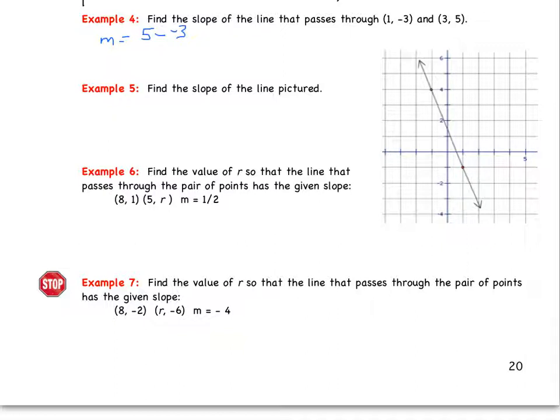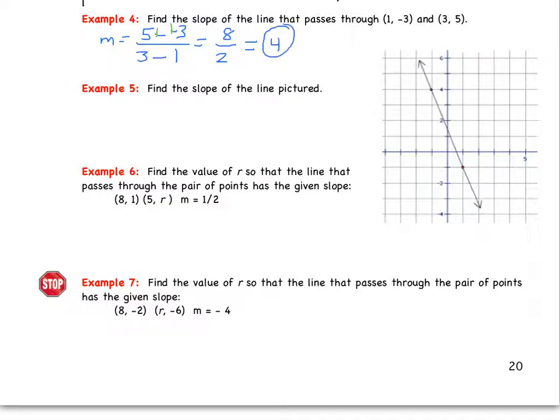And what we can notice right away is minus a negative is going to go to a plus, over x2, which in this case is 3, minus x1 is 1. And now we just clean this up. So we have 8 in our numerator, 2 in our denominator, and 8 over 2 simplifies to 4. Okay, so the slope of this line is 4.